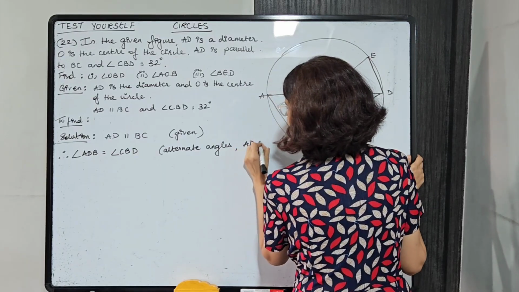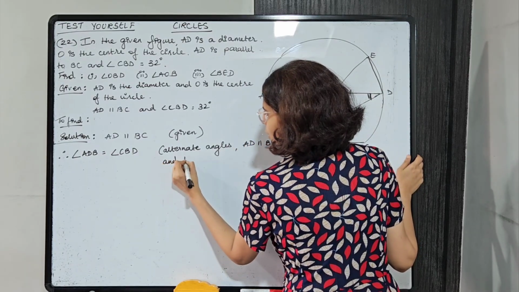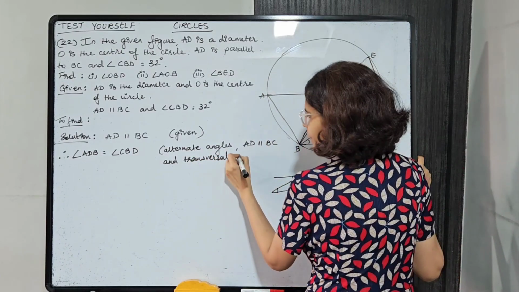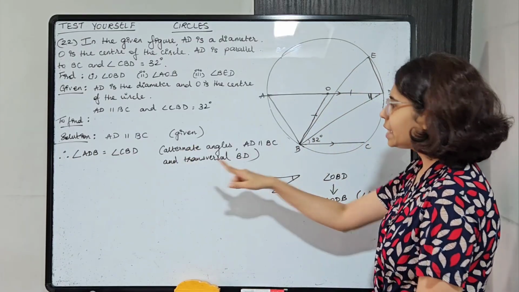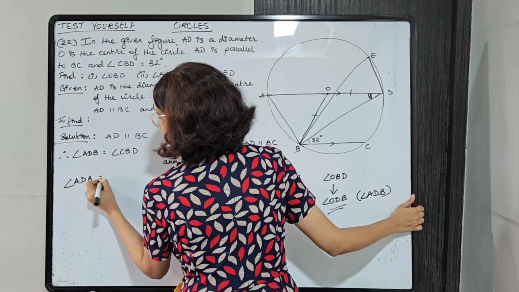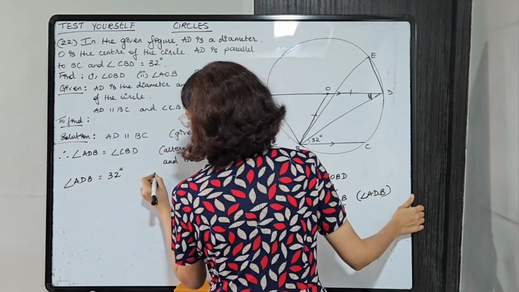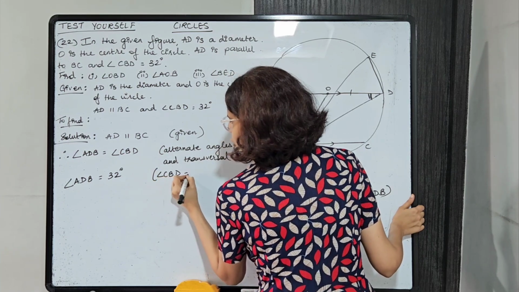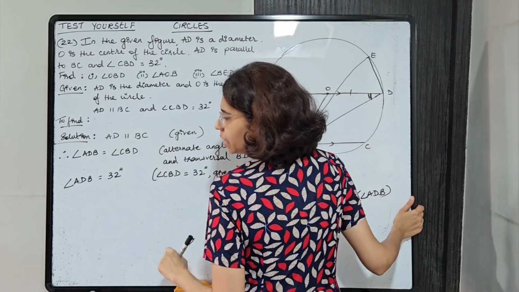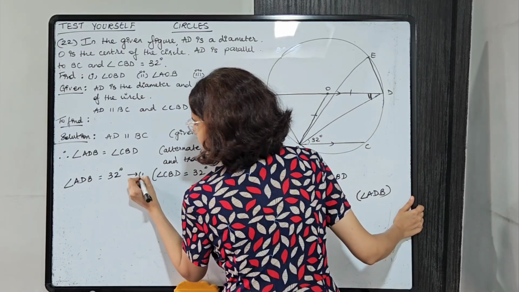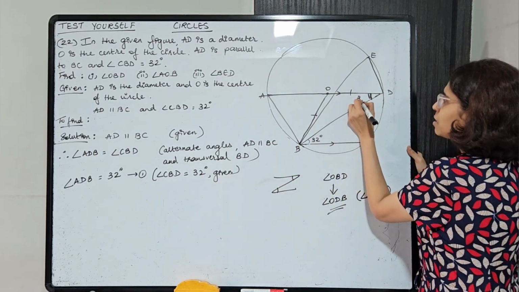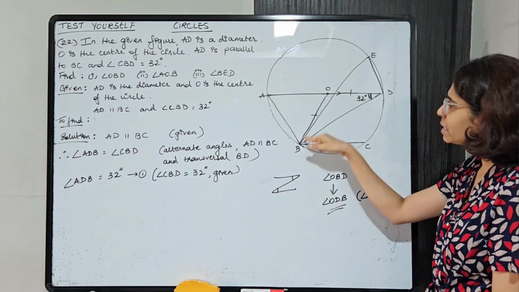So we are given AD is parallel to BC and transversal BD, or DB, okay. The value of CBD is known, it is 32 degrees. So write down the value of CBD. Write down the reason given. ADB is 32, okay, mark this as 1. ADB is 32, that is in short ODB is 32.